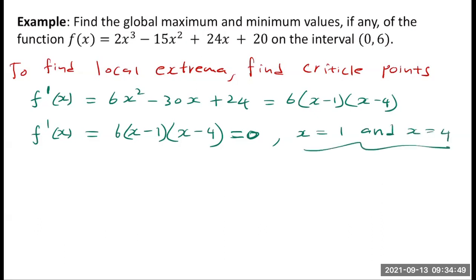Now what do we do? We need to determine whether we have a local maximum or local minimum at x is equal to 1. How do you determine that? Well, we can use the second derivative test, right? We find the second derivative of the function. The second derivative, f double prime of x, is equal to 12x minus 30.